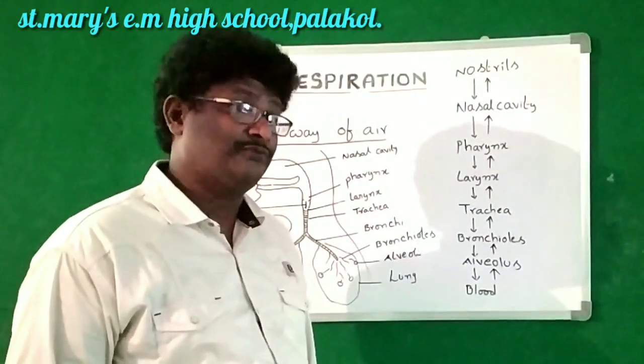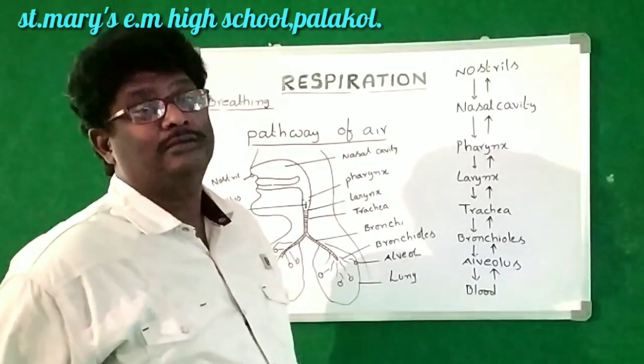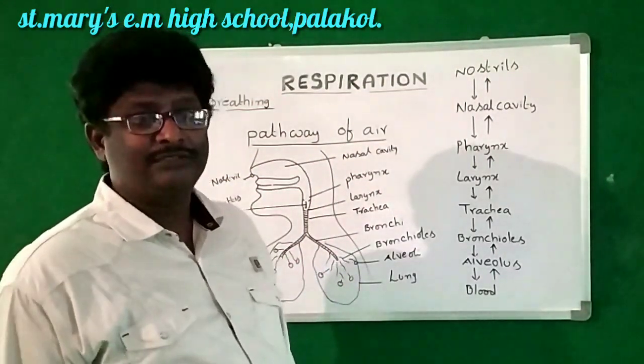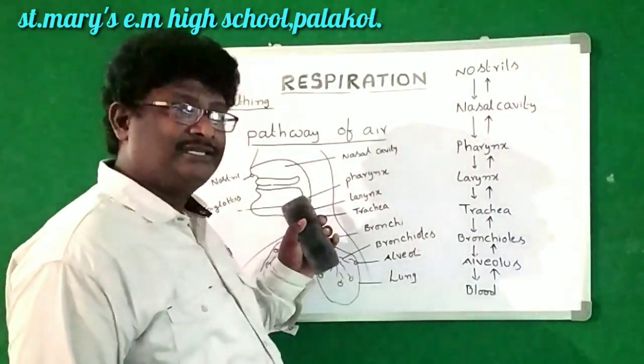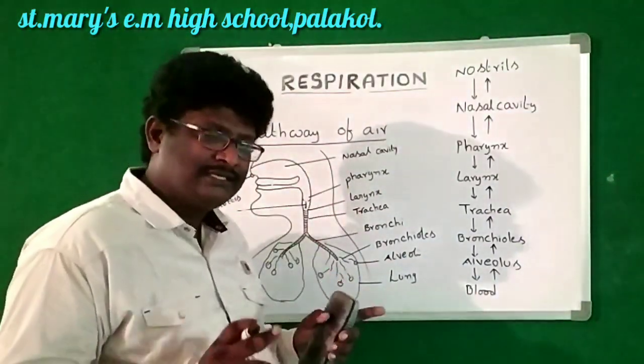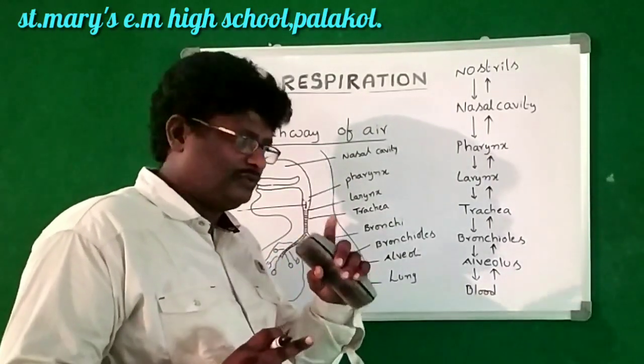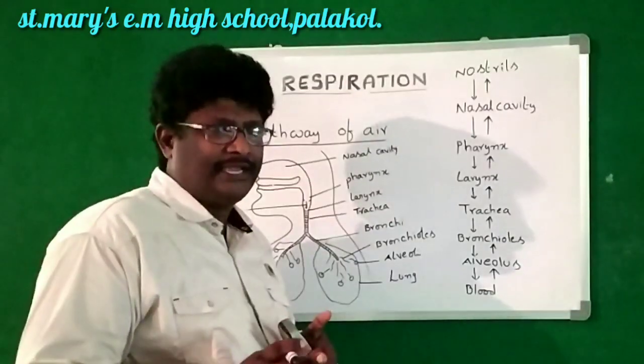And when we are taking food, first it enters into the mouth. After entering into the mouth, next, it reaches the pharynx. It means the pharynx is the common passage for both food and air.